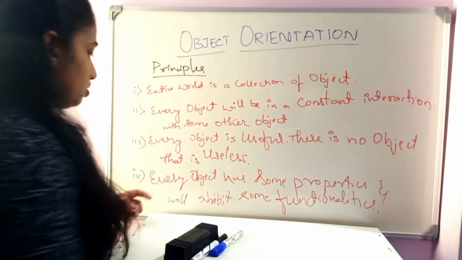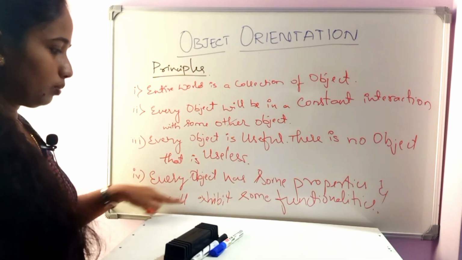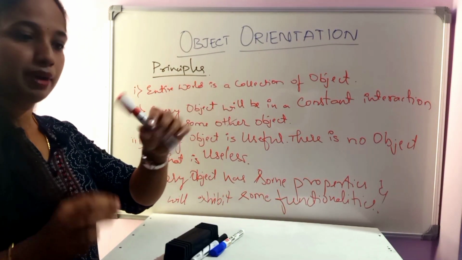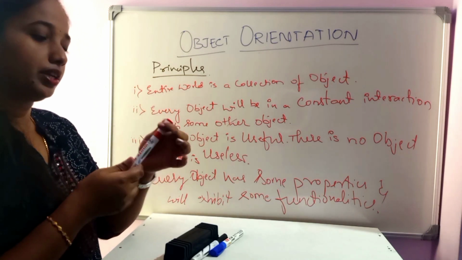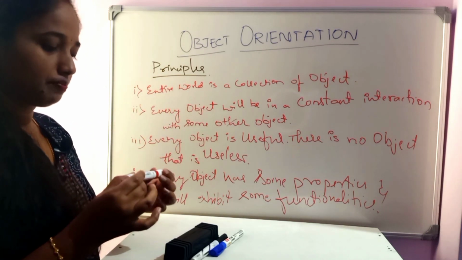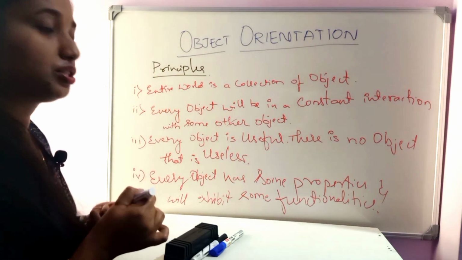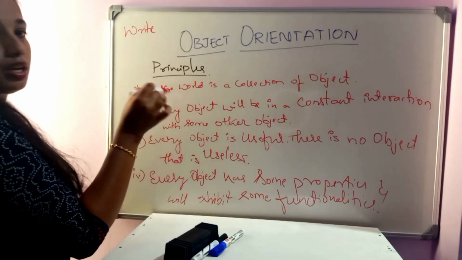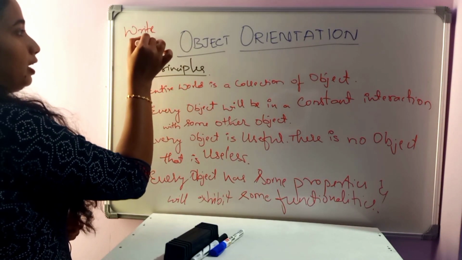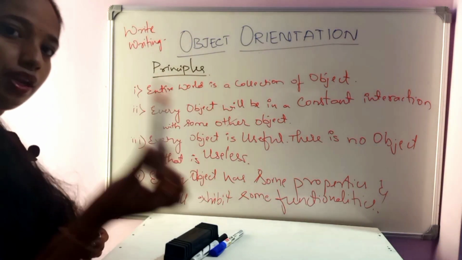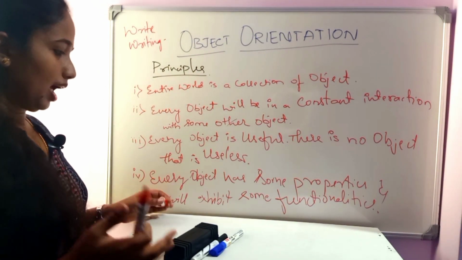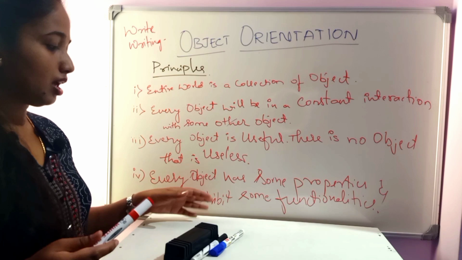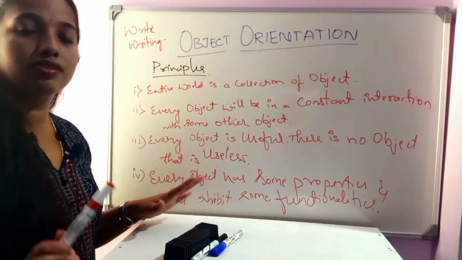Taking the example of this marker, it has some properties, like it has a cap and a body. It will exhibit some functionalities. With the help of this marker, we can write. So writing is the functionality of this marker. Every object will have some properties and will exhibit some functionalities.